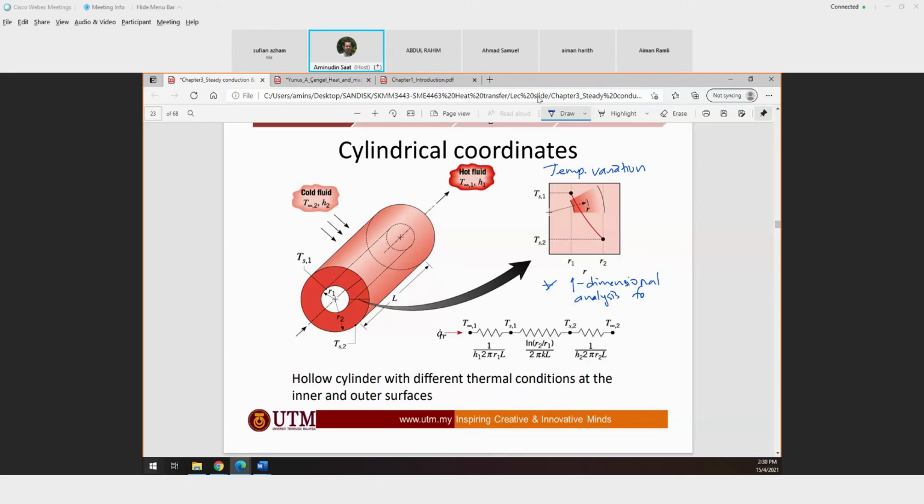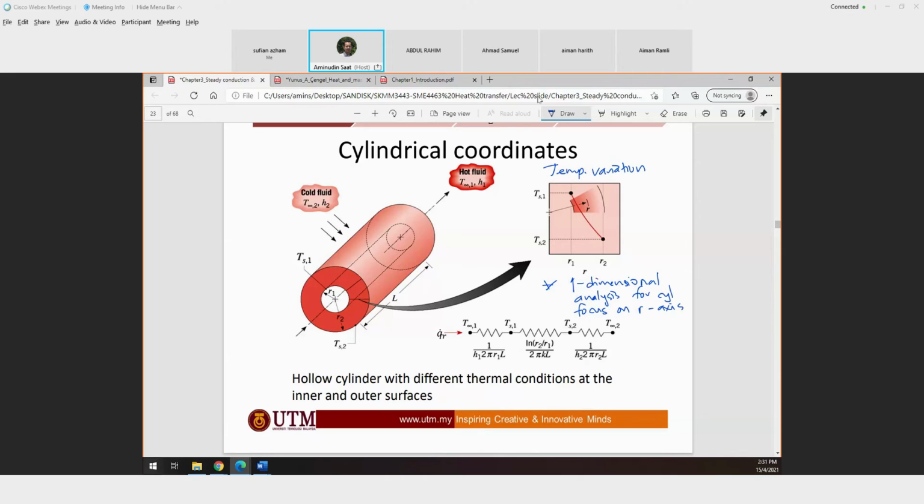for the cylinder, focus on the r axis, the radius axis. We will not go to the axis along the length of the cylinder, because we assume the distribution of the temperature of the tube will be the same, identical, in every section or every part.